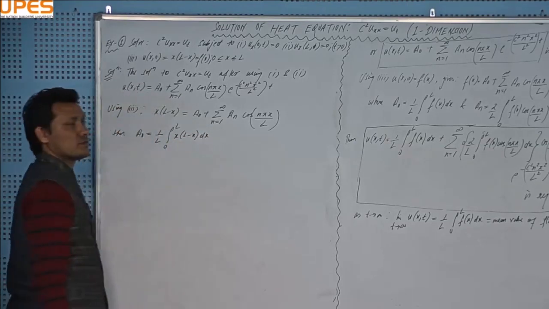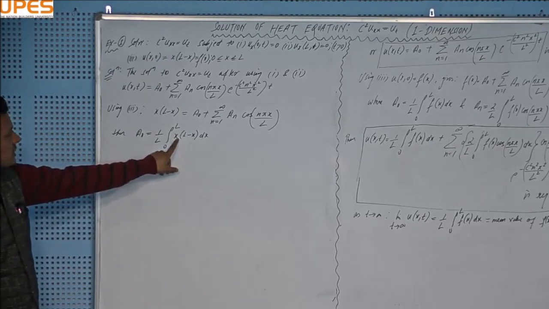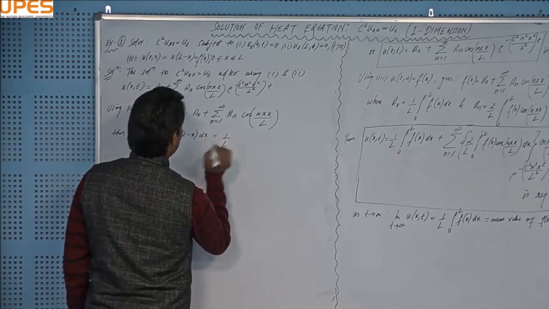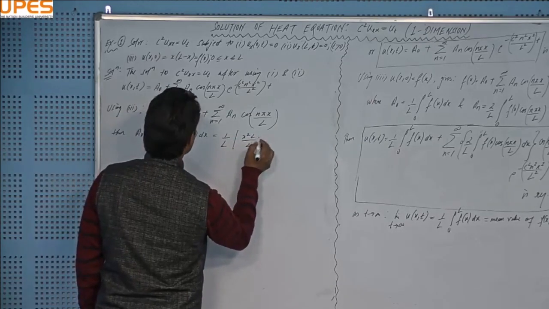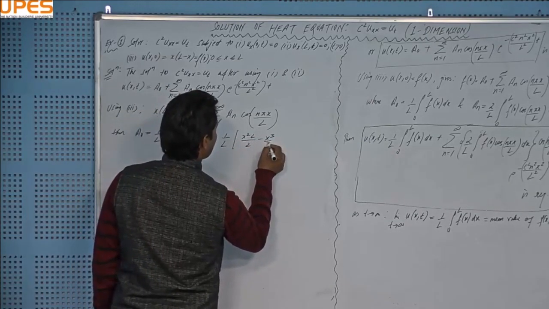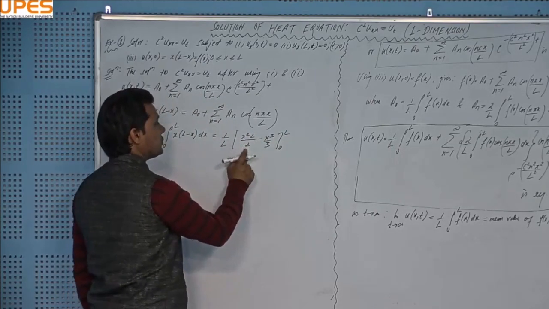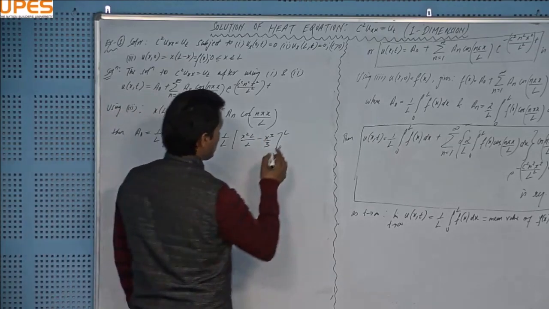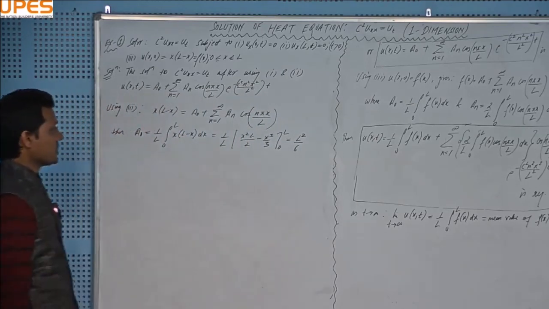Now I have to integrate this, right? On integrating, I will get (1/L)[x²L/2 − x³/3] from 0 to L. Putting the limits, L³/2 and L³/3, I think L³/6, and that will give me L²/6, because 3L is present here, if I am not wrong.